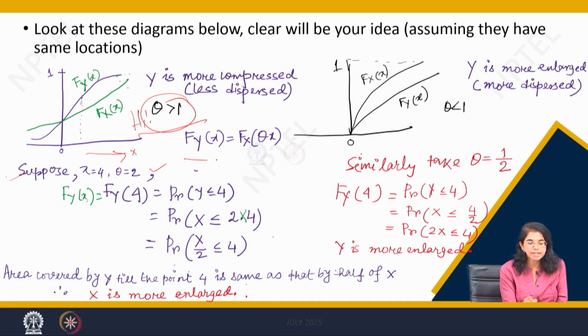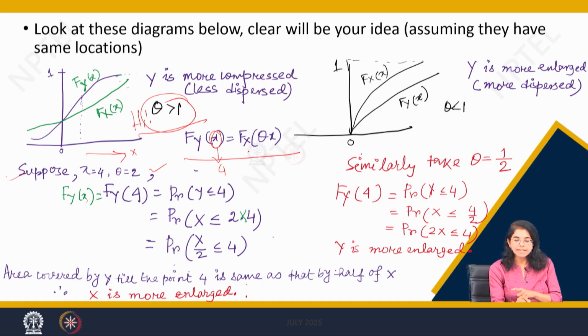Because what is my alternative hypothesis? F_Y(x) is equal to F_X(θx). So when I am writing small x as 4, in terms of the random variable capital X we have to write 2 times small x, where 2 is the value of θ. So writing Y less than or equal to 4 is the same as writing X less than or equal to 2 times 4. Clear?